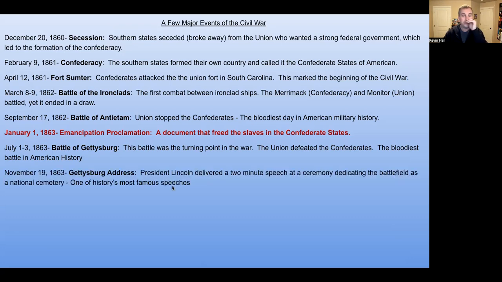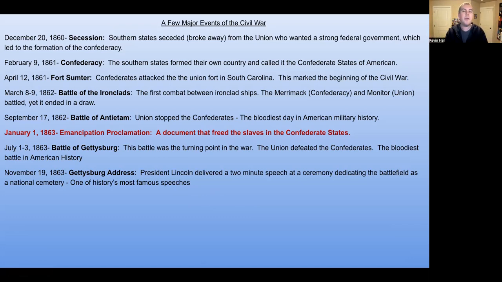On November 19th, a few months later, President Lincoln delivered the Gettysburg Address. That's a famous speech that he delivered, which really captured the purpose of this war. It gave them a renewed cause. Previously, the war was just about bringing the Southern states back into the United States.